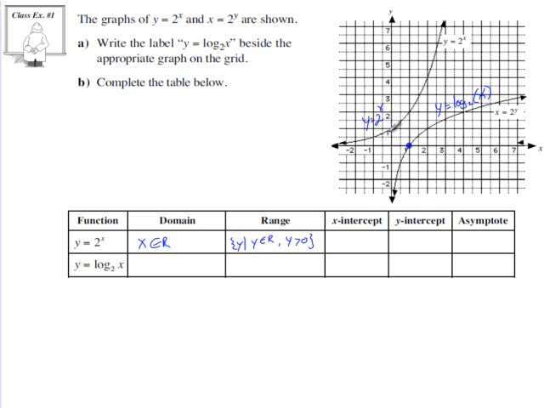X-intercept is where your line crosses the x-axis; it doesn't have one, not applicable. Y-intercept is 1. Asymptote happens when y equals 0.